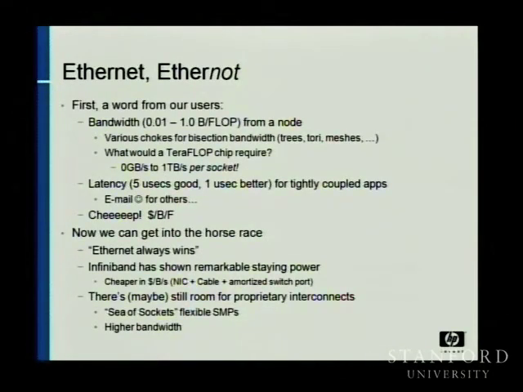So, interconnects. Here's a real problem, which is that if you look at floating point applications, and the same kind of math extends out to other applications as well, the bandwidth per node is somewhere between 1/100th and 1 byte per peak flop. And that's a huge spread.